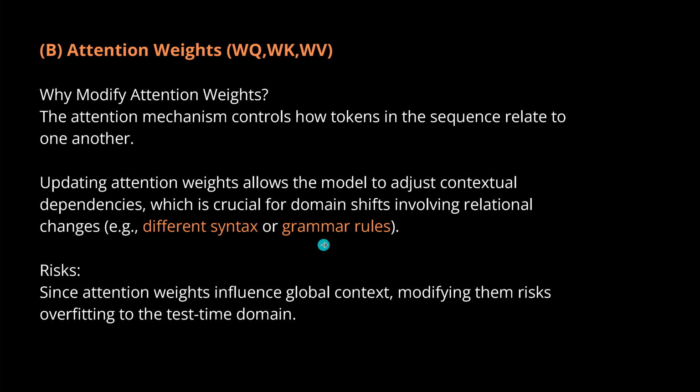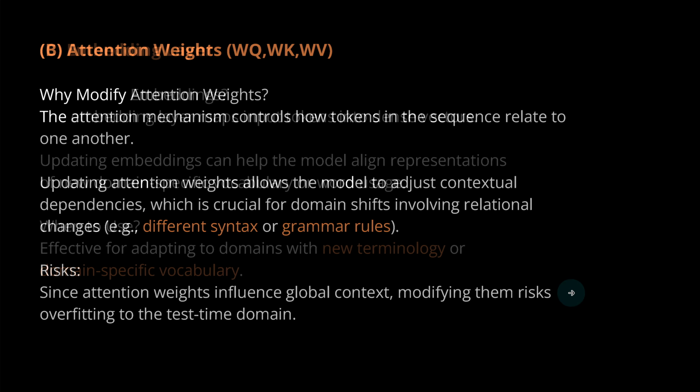Risk also, classical: if the attention weights influence the global context, modifying them to a high extreme, you might risk starting to get into overfitting in the test time domain also. So careful. The dependencies between your pre-trained, your fine-tuned, your DPO-aligned, and now your test time training process, there are dependencies you have to know and you have to adjust to your particular task.